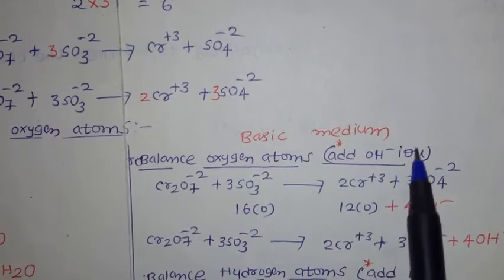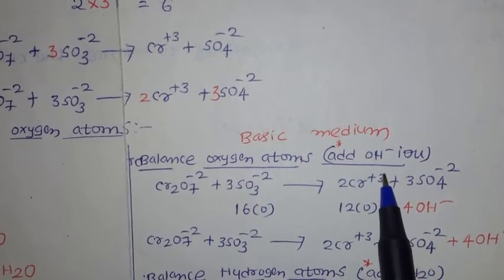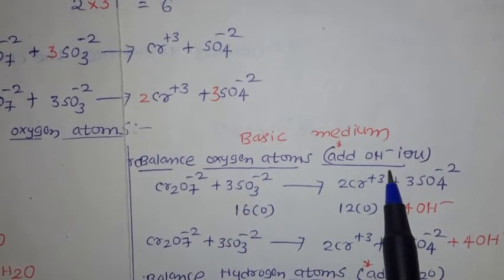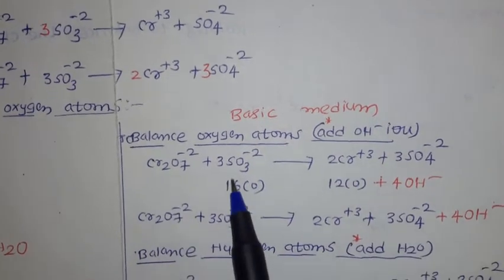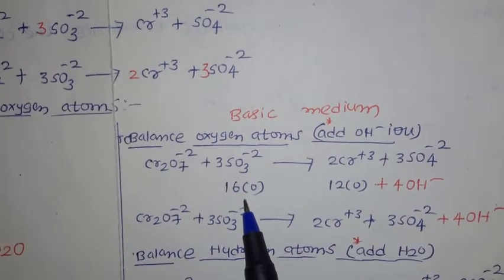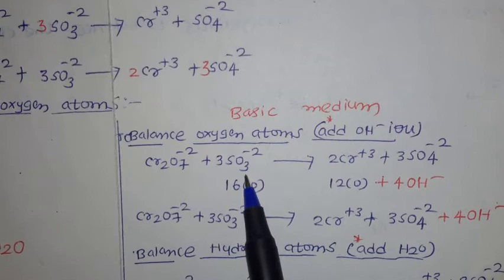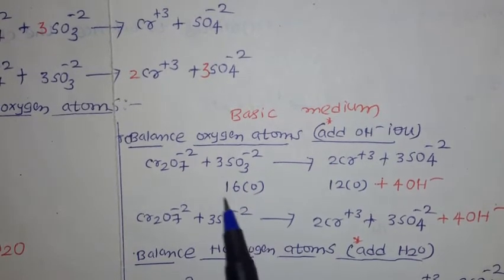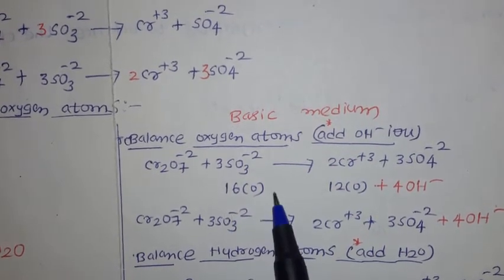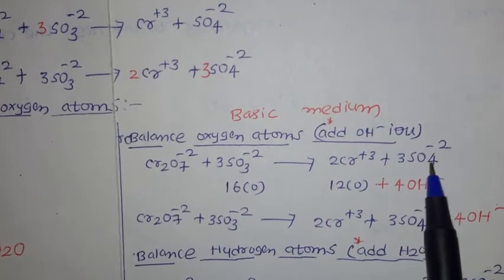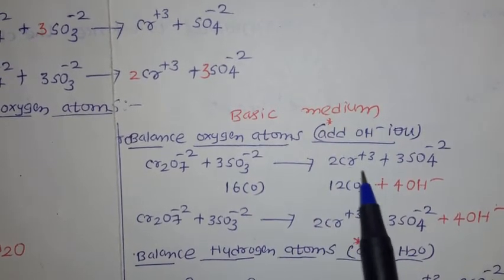Here you add the hydroxide ion, but in acidic medium you add H2O. Now just count the number of oxygen atoms. Here 7 plus 3 into 3, 9, total 16 oxygen atoms. Now here, 4 into 3 is 12, so we have only 12 oxygen atoms.